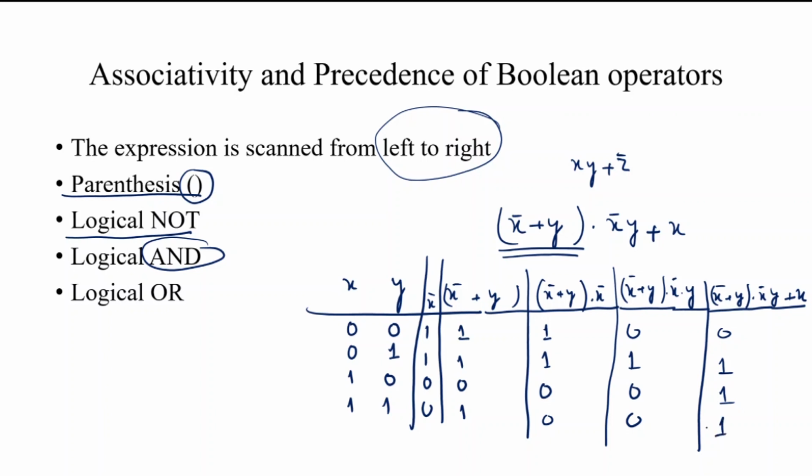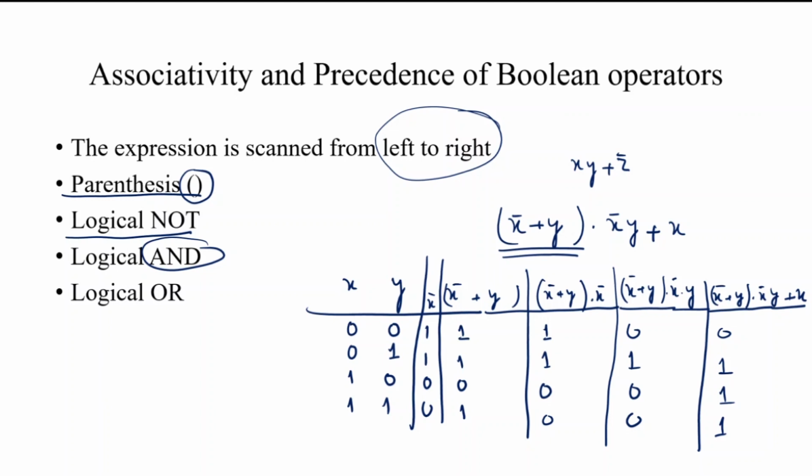This is nothing but, most of the variables present in this expression are redundant, because here we know that this column is nothing but the output of X plus Y. So this is the way of evaluating a Boolean expression, meaning the order of precedence is important.